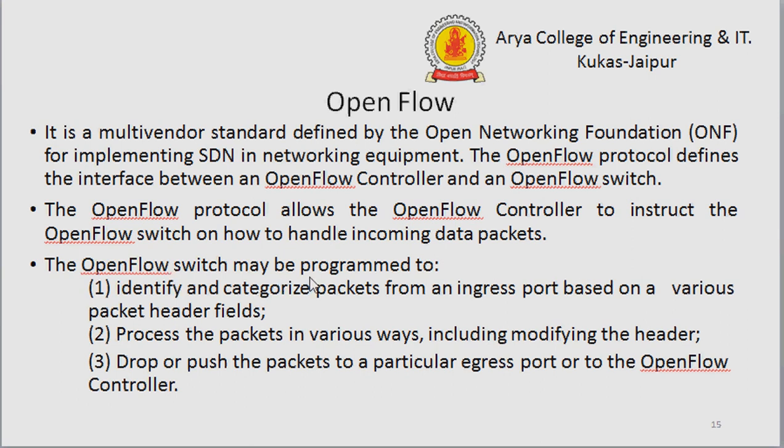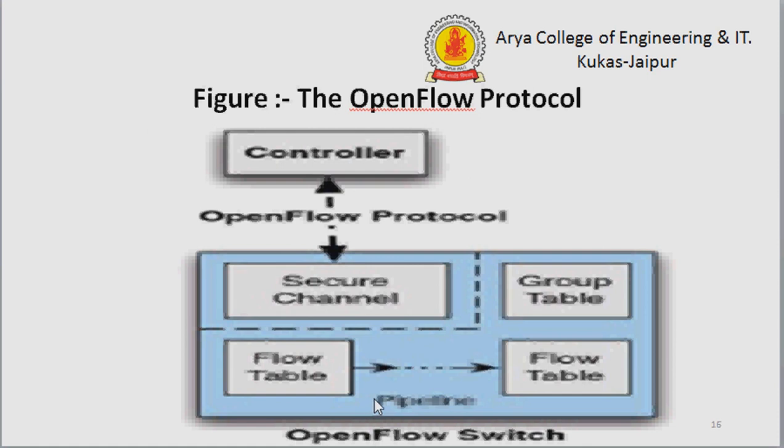The OpenFlow switch may be programmed to identify and categorize packets from an ingress port based on various packet header fields, process the packets in various ways including modifying the header, and drop them or push the packet to a particular egress port or to the OpenFlow controller. This is the figure where the controller, OpenFlow switch and OpenFlow protocol are shown.